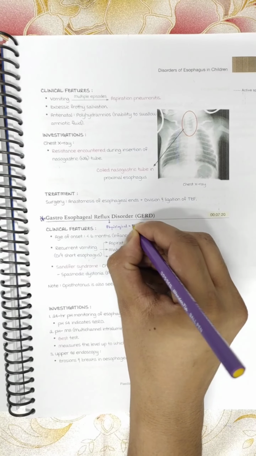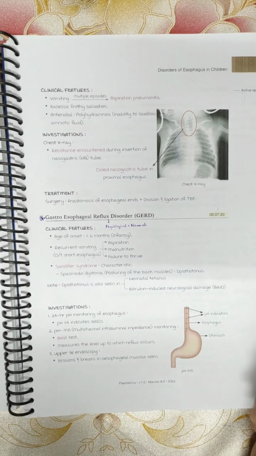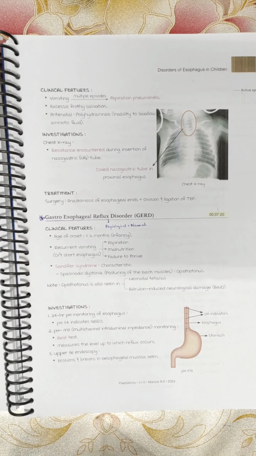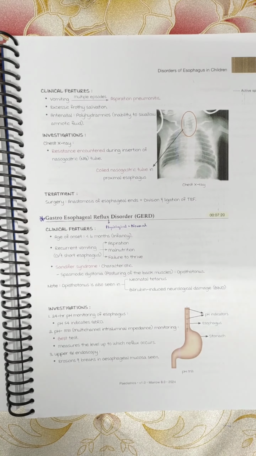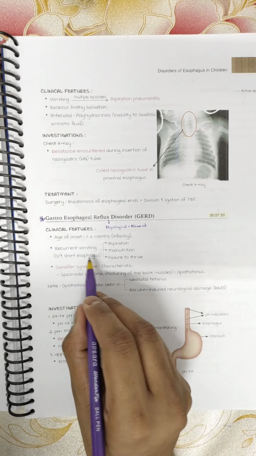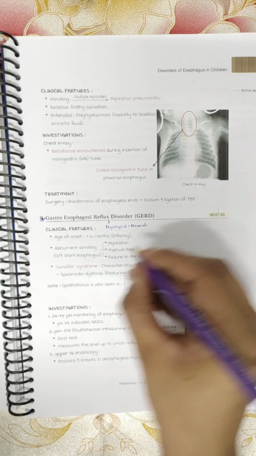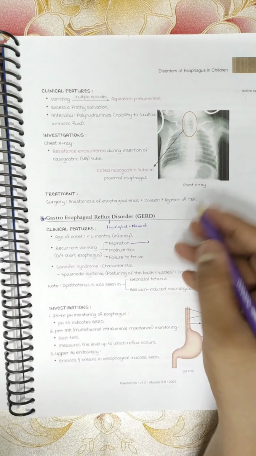But obviously when the disorder comes, it becomes abnormal or pathological. The age of onset is less than 6 months, so a baby or infant. Due to short esophagus, recurrent vomiting is seen, so aspiration happens, that may cause aspiration pneumonitis.